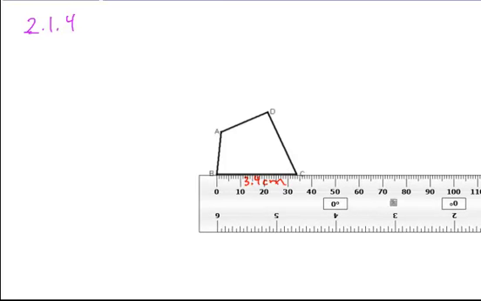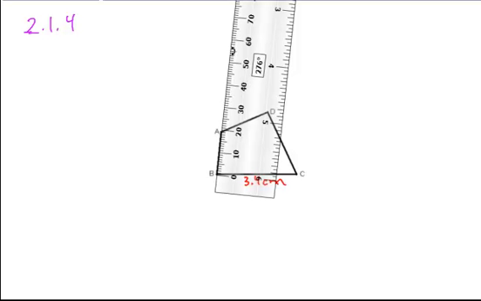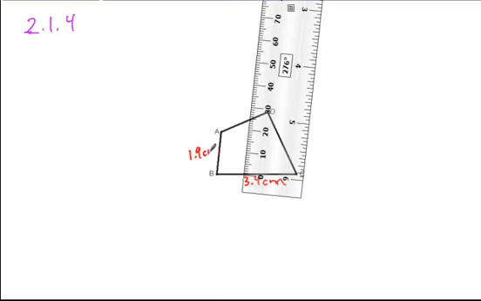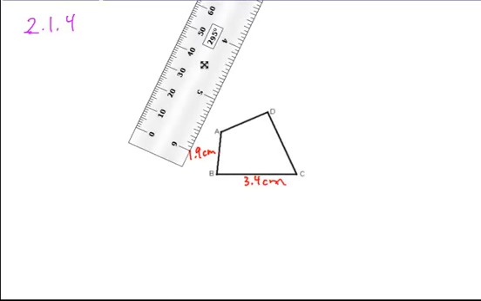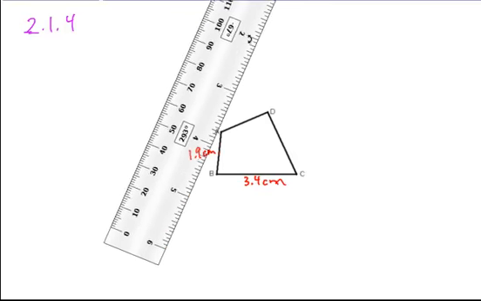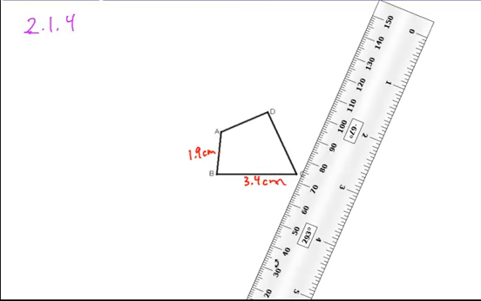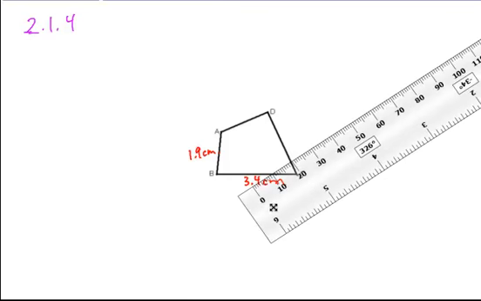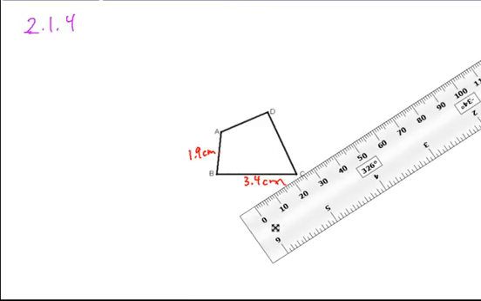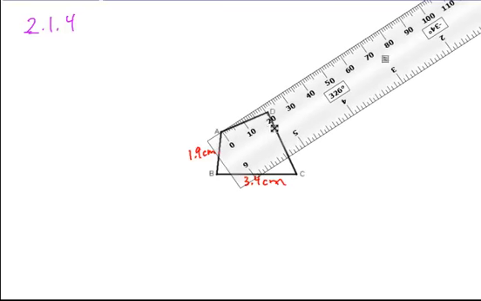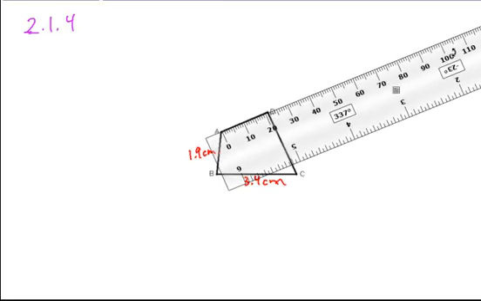And now we can just rotate this up and measure the length AB. Looks like it's about 1.9 centimeters. If we rotate to look at length AD, we see that AD is about 2.1 centimeters.